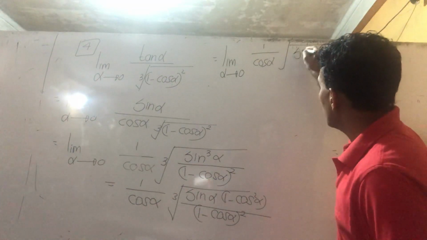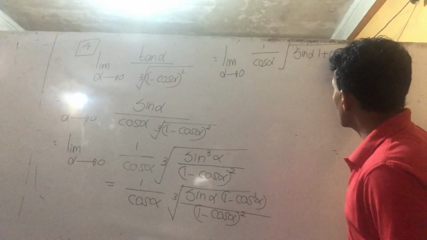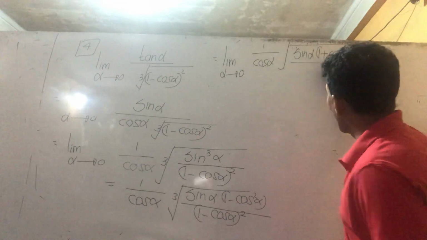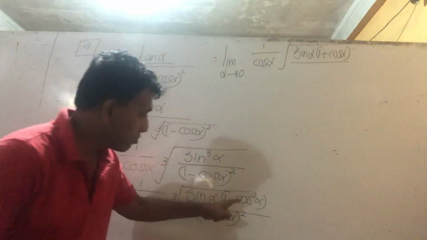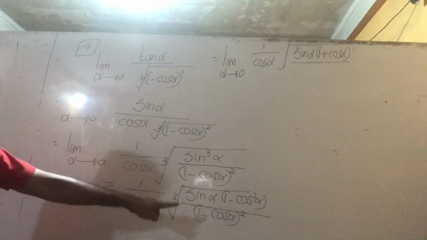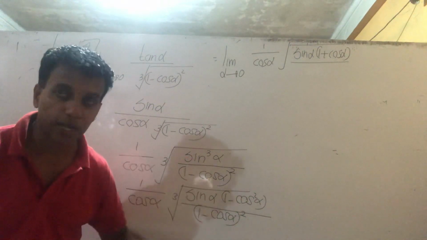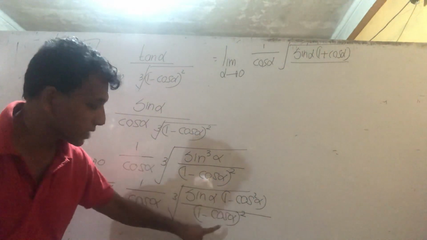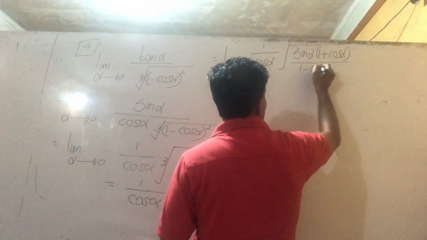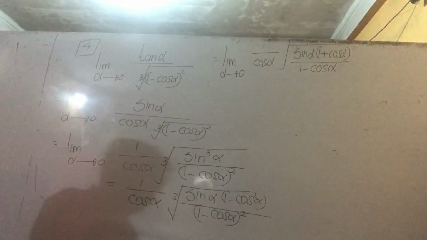Therefore, sine alpha times 1 plus cos alpha over, another 1 minus cos cut down, right? 1 minus cos cancels. Here another 1 minus cos alpha remaining. 1 minus cos alpha balance.